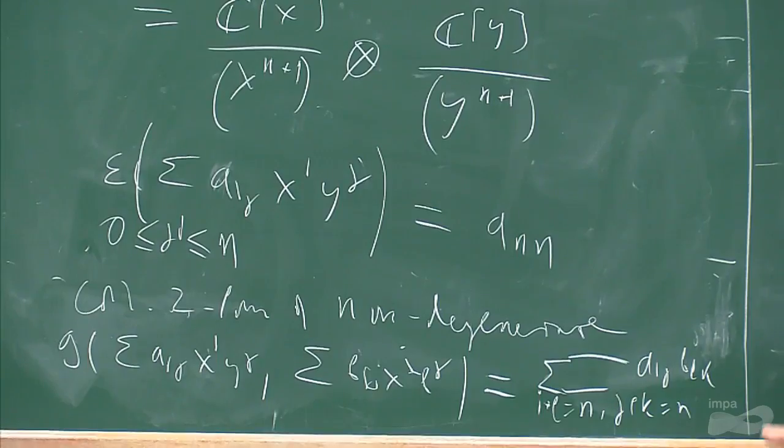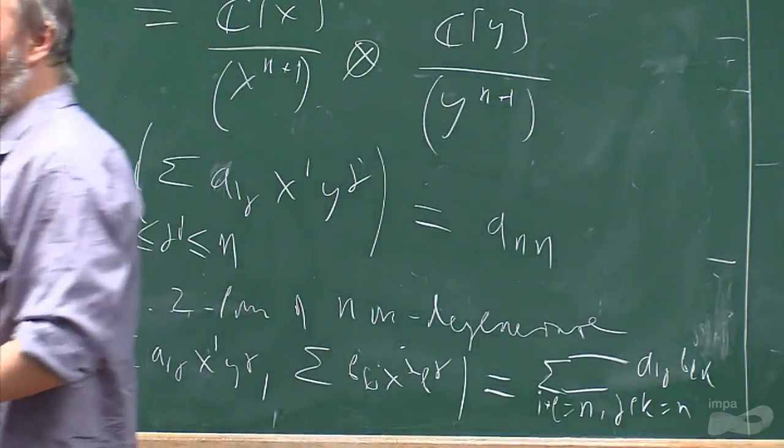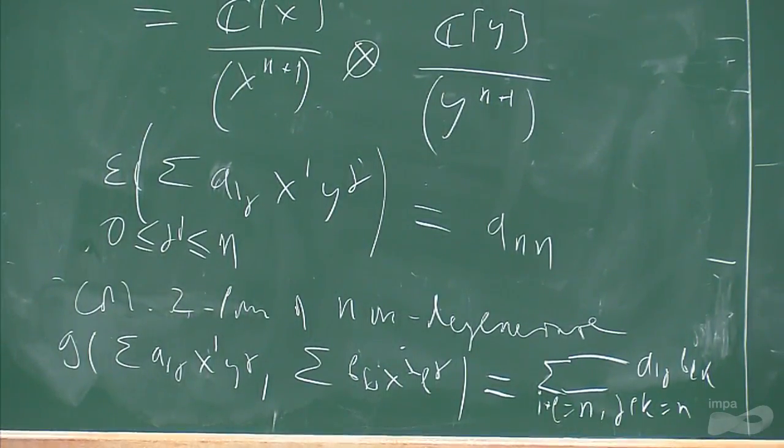And now, if you have an Artinian algebra, every element can be interpreted as an endomorphism.